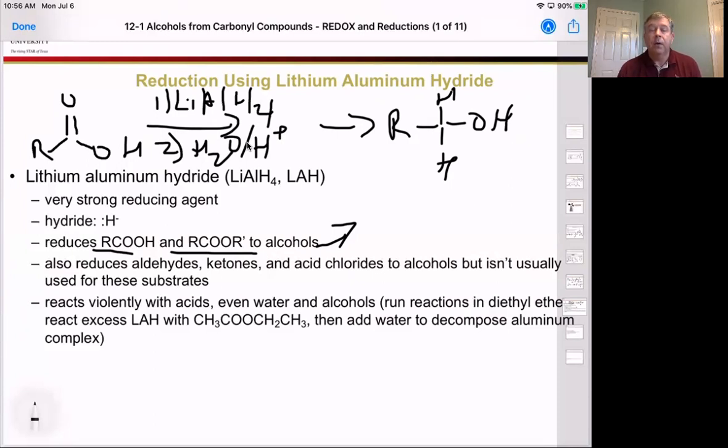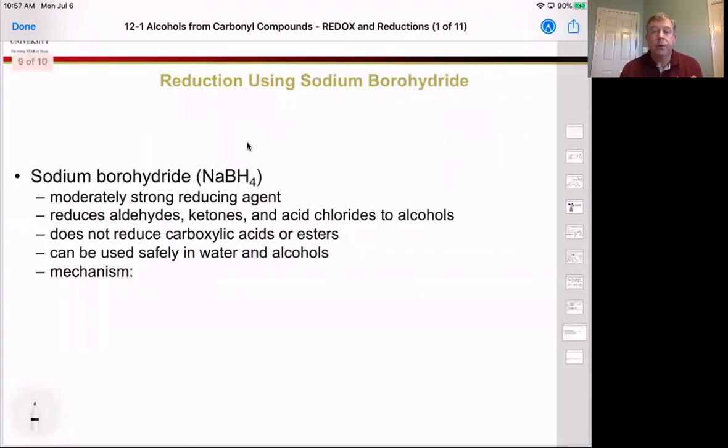Okay, so let's say we wanted to do a reduction on an aldehyde, ketone, or acid chloride. We would use a different reagent with this. We would use a reagent called sodium borohydride. And so sodium borohydride will take any aldehyde or ketone and reduce it down to either a primary or secondary alcohol.